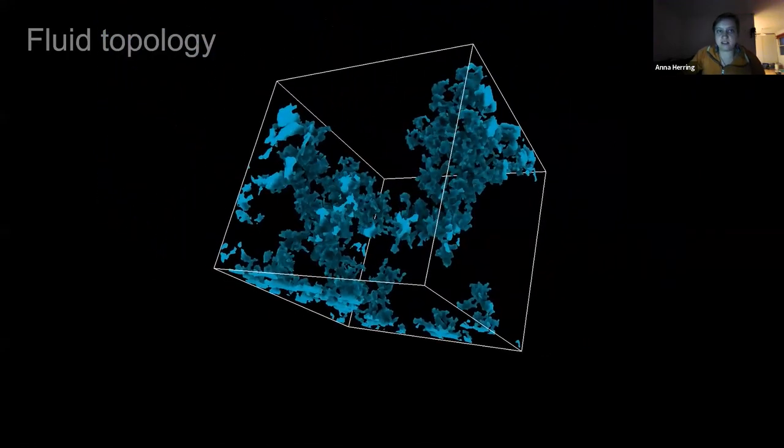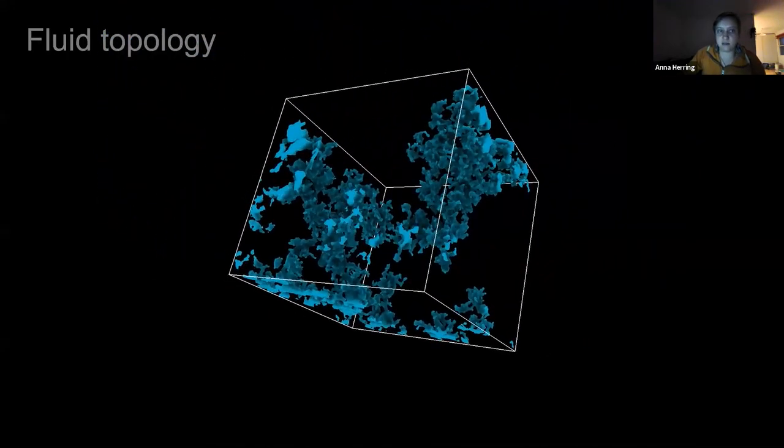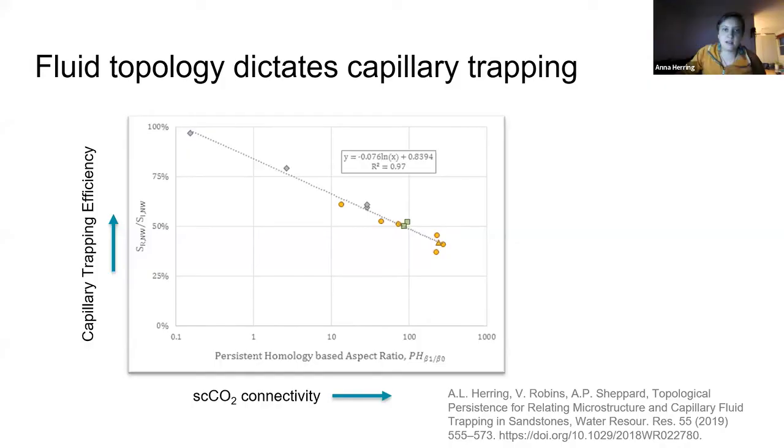And then one of the things that we've done with this type of analysis recently is look at how the fluid connectivity relates back to capillary trapping. And what we've seen is that we are able to quantify and measure the connectivity of the CO2.